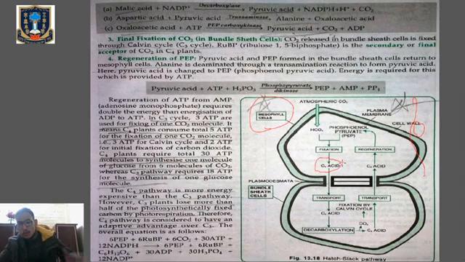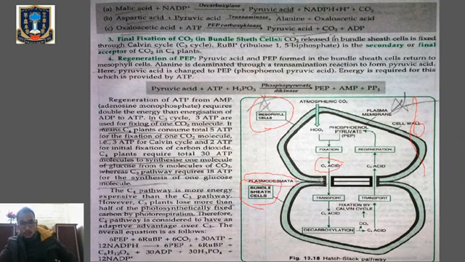After the formation of oxaloacetic acid, it will be either reduced to form malic acid or form aspartic acid. Whatever products are formed will now be transported through the plasmodesmata to the bundle sheath cells. So the product of the initial fixation of carbon dioxide in the C4 pathway, which occurs in the mesophyll cells, will enter the bundle sheath cells by the help of plasmodesmata.